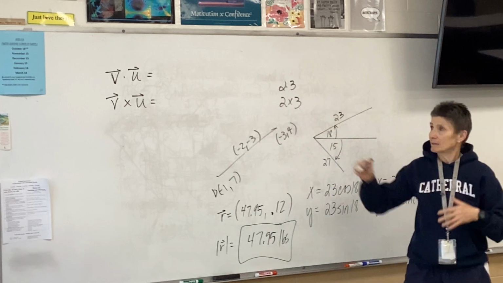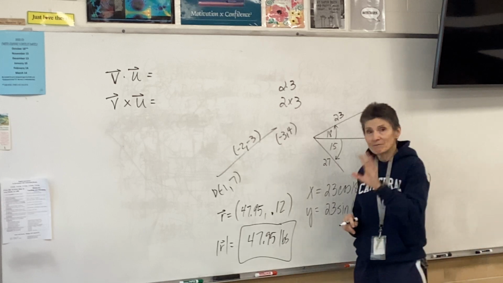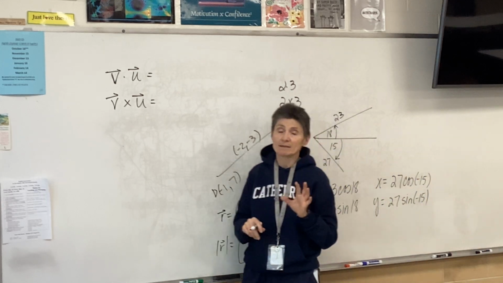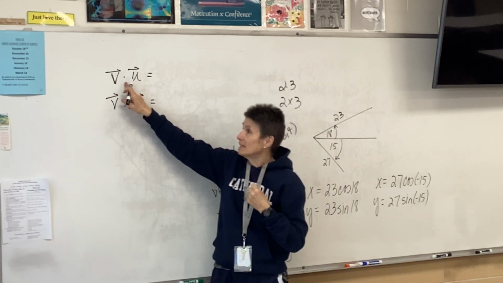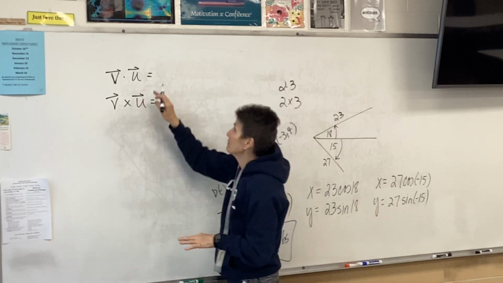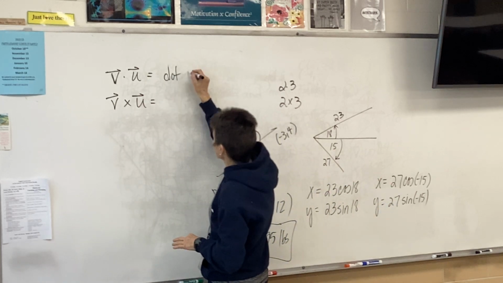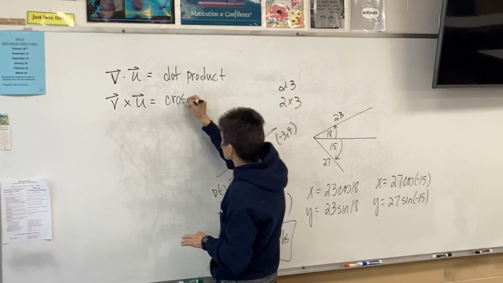The dot and the X symbol mean the same thing. It means multiply. Not in vector land. In vector land, if you use this symbol, it means one thing. And if you use this symbol, it means an entirely different thing. This is called the dot product, and this is called the cross product.